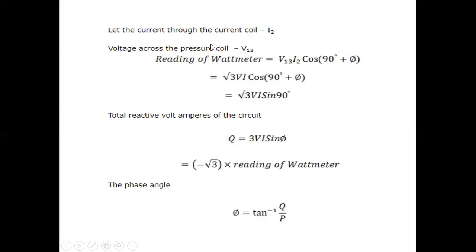This is the reading of the wattmeter, which is used to measure the reactive power. The reactive volt-ampere of the circuit is Q equals 3 VI sin phi, which equals minus root 3 times the reading of the wattmeter.